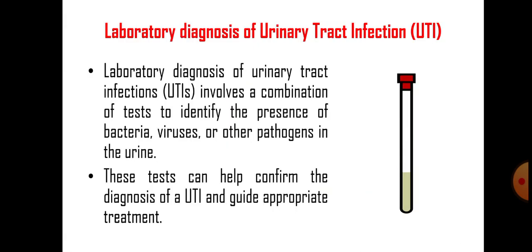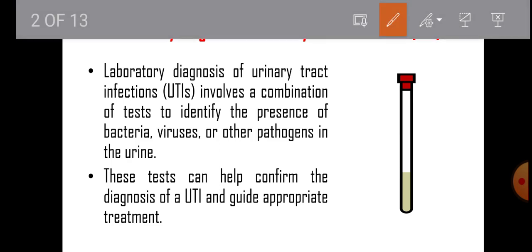What is actually laboratory diagnosis? Laboratory diagnosis of UTI involves a combination of tests. It is a procedure done in the laboratory to find out the possible causes or the organisms associated with the cause of urinary tract infection. As the definition reveals, it helps to identify the presence of bacteria, viruses, or other pathogens in the urine.